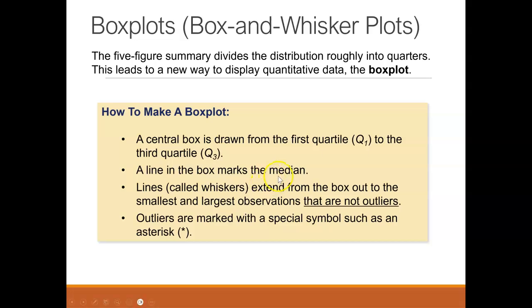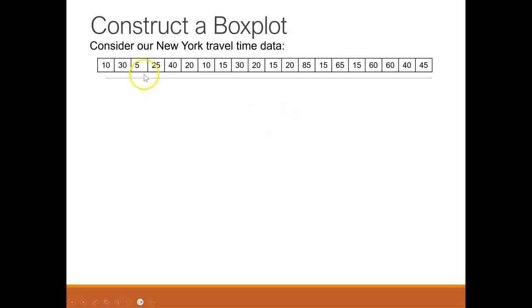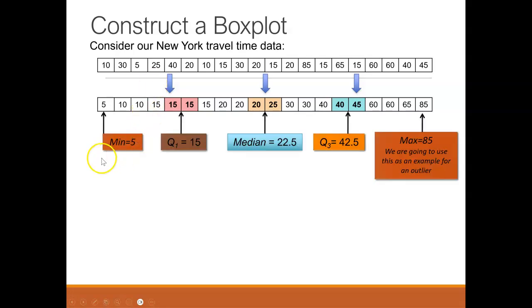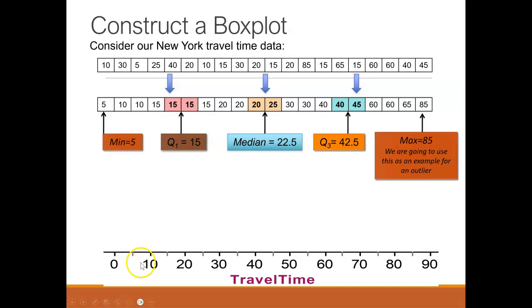Let's look at a picture here of doing that. So here's our New York travel time data. Our 5-number summary told us all of this information, right? Remember, the 85 was an outlier. So on my x-axis, I labeled just numbers, and I called this travel time.